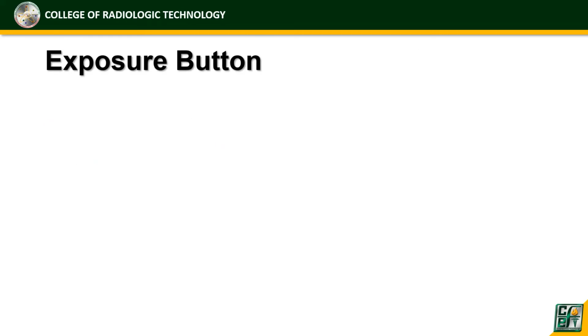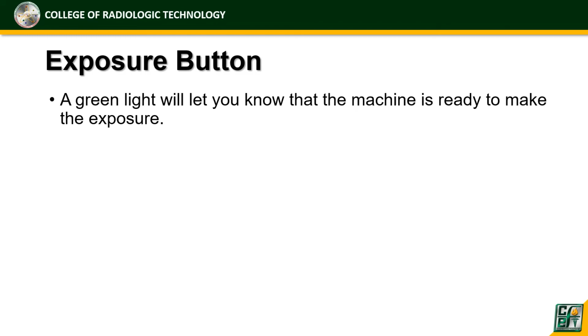With the exposure button, a green light will let you know that the machine is ready to make the exposure. Minsan kasabay nito yung tunog ng machine. When you press the rotor or the prep button, then the green light will turn on, and then you will also hear a sound, a click in the machine. Then you can make the exposure.